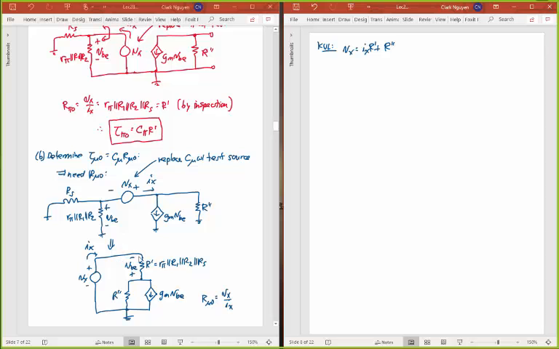And that's going to be equal to Ix, which is going through this, minus this GM VBE there. So I can write this as Ix minus GM times VBE. Well, I can look at this and I see, because of the way VBE is, that VBE is going to be equal to minus Ix times R prime.